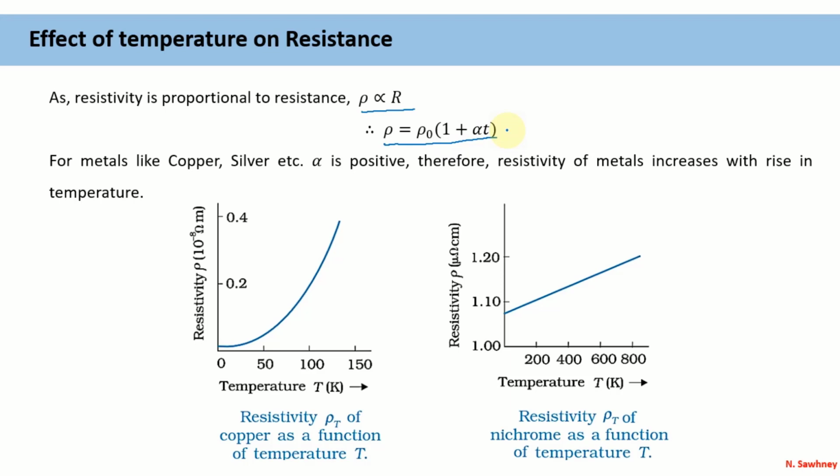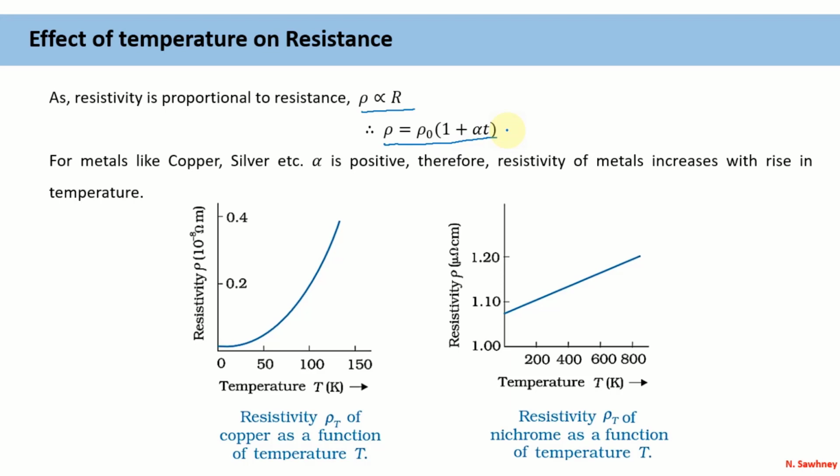See, for metals like copper, silver, etc., this α, that is temperature coefficient of resistance, is positive. Therefore, resistivity of metals increases with the rise in temperature. This resistivity depends upon the nature of the material and temperature, while the resistance depends upon the dimensions, that is length and area.